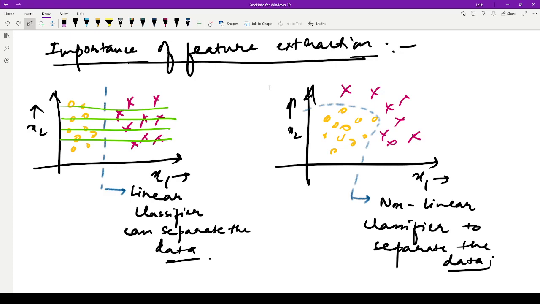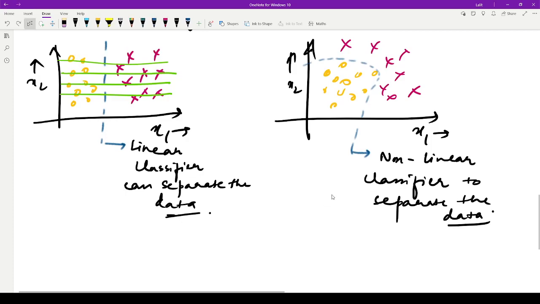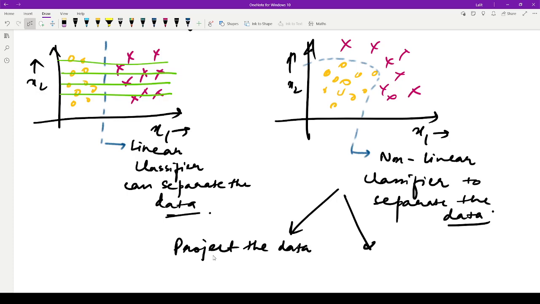The other possibility is what was discussed and what we are discussing, that is discriminant functions, which can easily tell, given a data point, whether it belongs to a specific class or not. So one of the ways to handle this is, people use the word project the data into higher dimension, but I personally don't like that word.